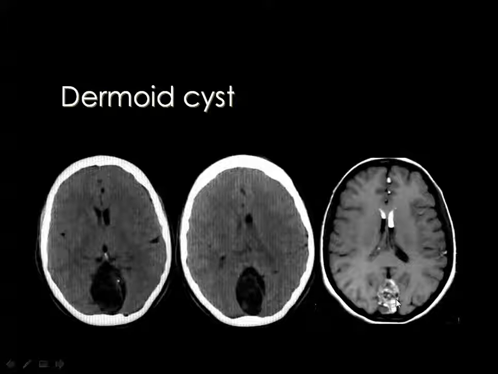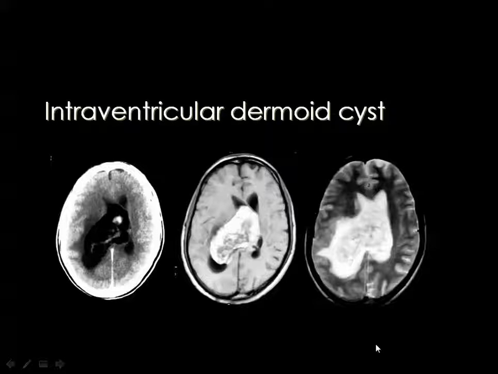Then the T1 weighted MR image showed high signal fat, and you can see the fat CSF level within the frontal horns of the lateral ventricles due to leakage of this dermoid cyst into the subarachnoid space as well as inside the ventricular system.